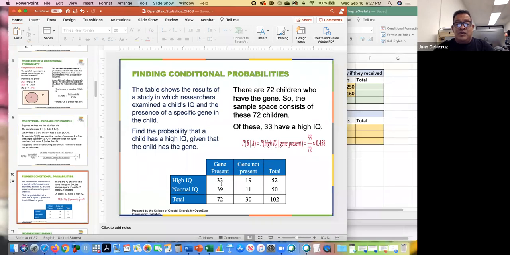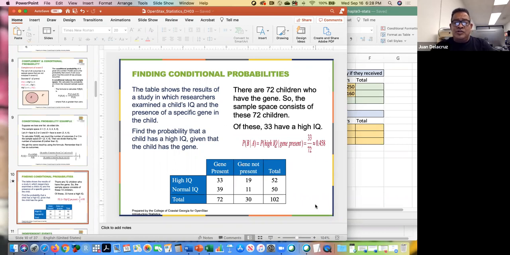So in this case, we're going to use the 33, and it's going to be now divided by 52. So the probability of A given B is going to be the probability of having the gene given that the person has a high IQ. So this is going to be computed as 33 divided by 52.